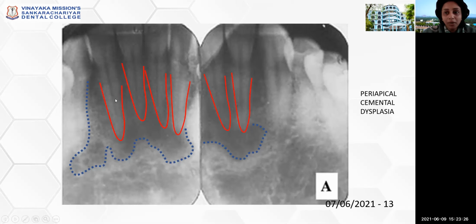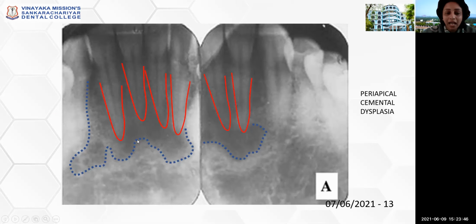So in a non-pulpal origin, the tooth involved will be vital and the lamina dura will be intact, and the lesions can be either an isolated radiolucency or multiple radiolucencies seen at the periapical region.